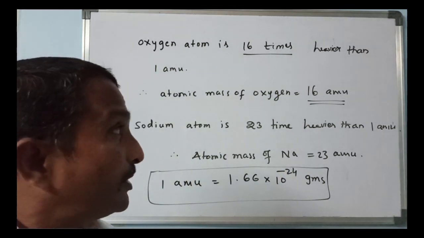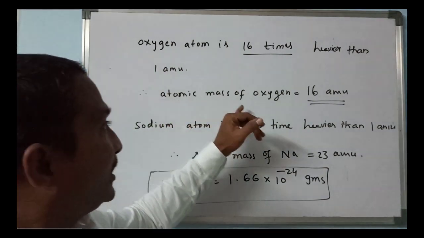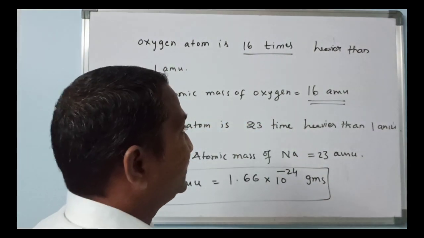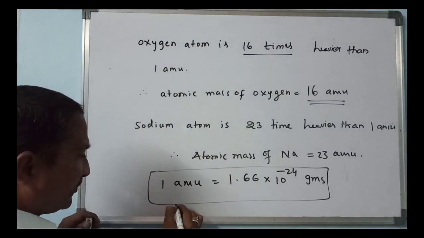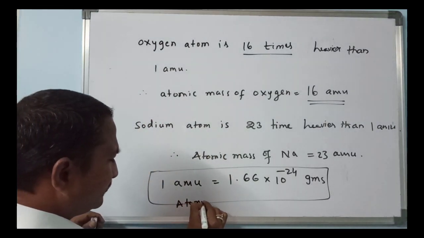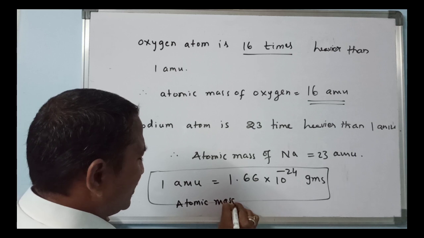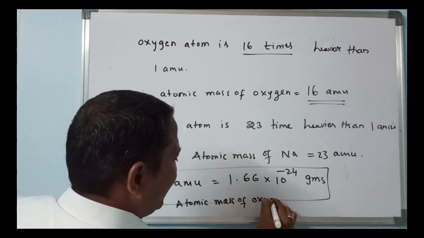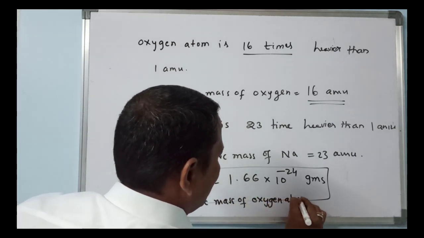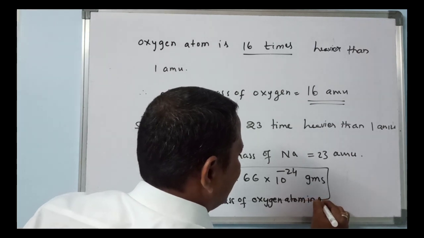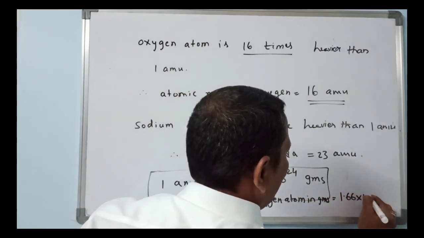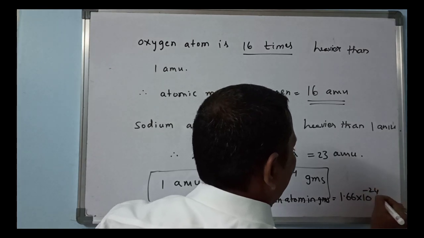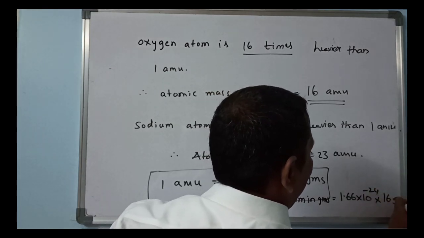Now tell me, what is the mass of oxygen in grams? See, atomic mass of oxygen atom in grams is equal to 1.66 into 10 power minus 24 into 16 grams.